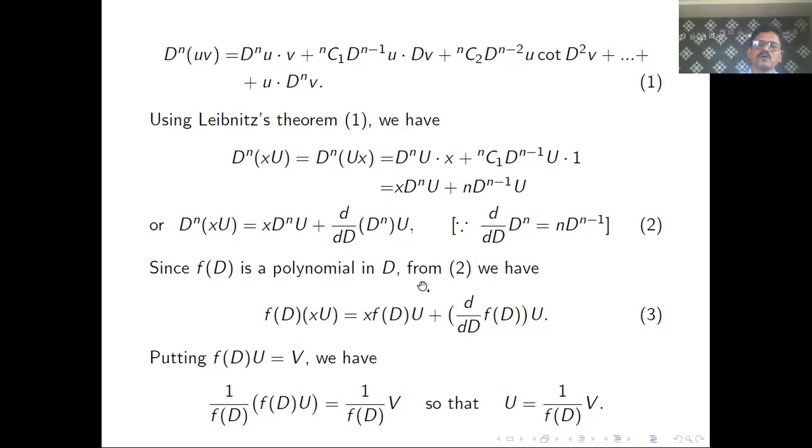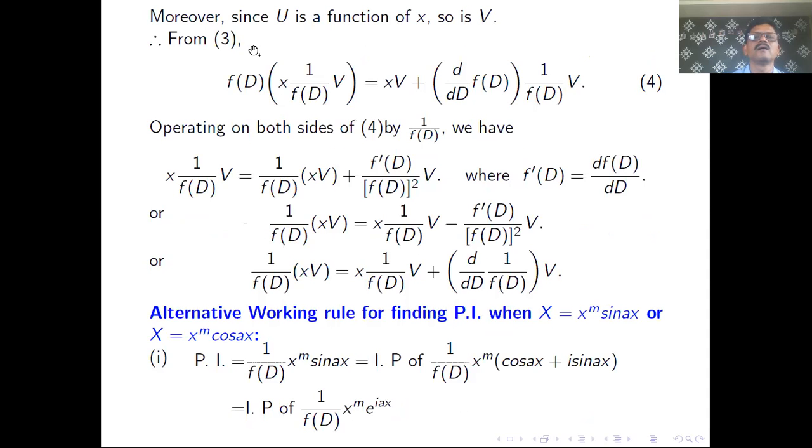So friends, what we have to do, you replace this f of D into u as v, and this u you replace by 1 upon f of D into v. So you will get from this 3 the next step like this. Here, since y is a function of small x, v is also a function of small x.